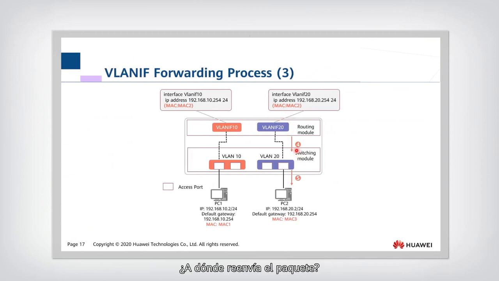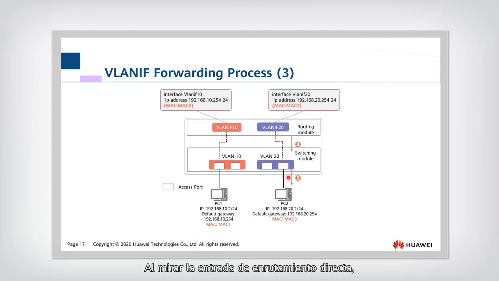And where does it forward out? To which outgoing interface should it forward? Because this IP address belongs to the direct routing table of VLAN interface 20, because this is directly connected to this router, and this router is the default gateway of this IP address.